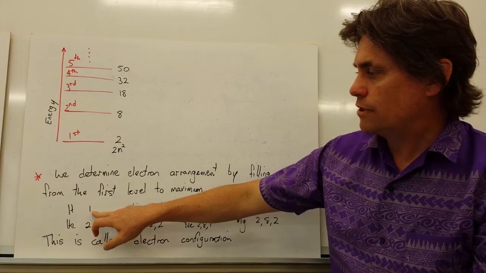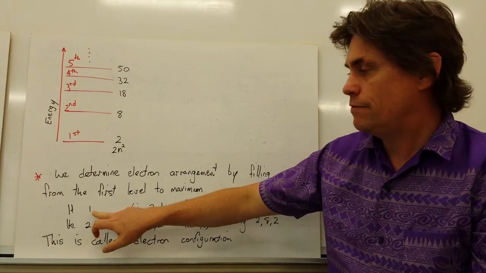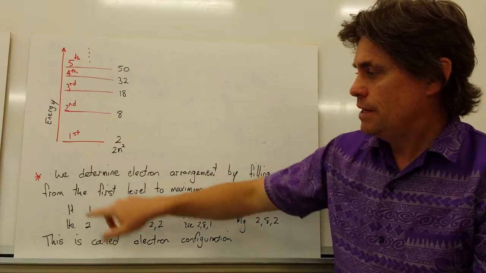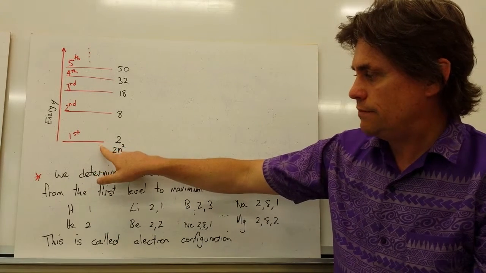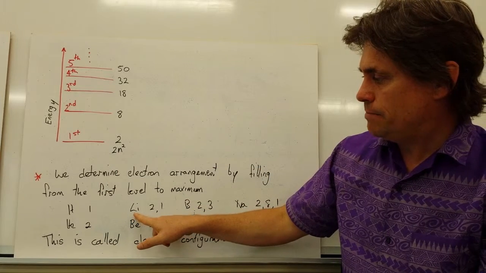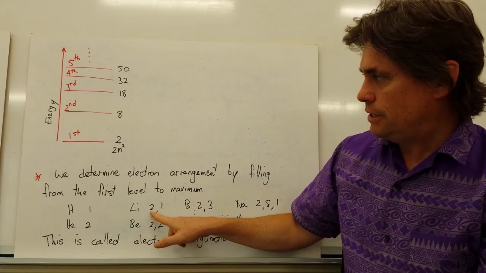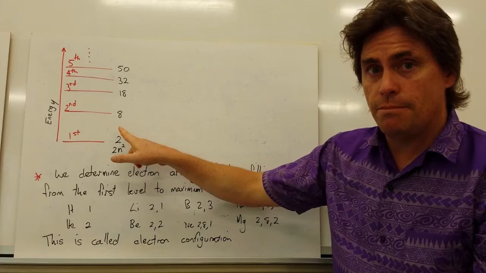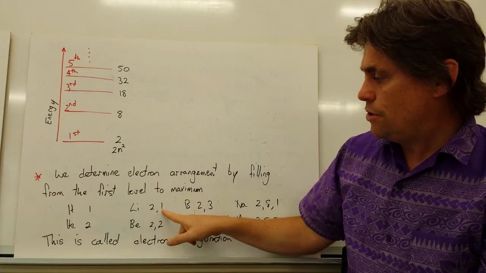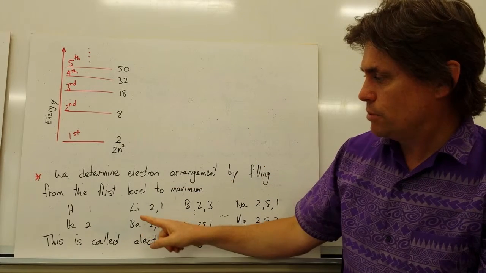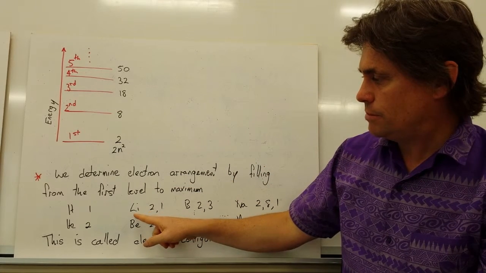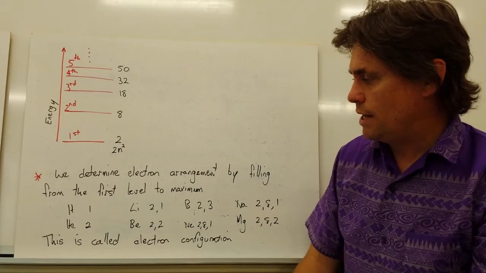Hydrogen with 1 electron, we represent with the 1 in the first energy level. Helium has 2 electrons, they also go in the first energy level. We then move up to lithium. We fill the first energy level with our 2, but now we've reached our maximum, so our third electron must fit in our second energy level. So we represent the electron arrangement for lithium as 2, 1.